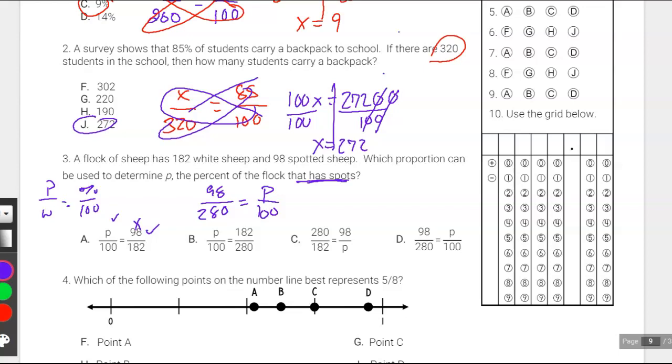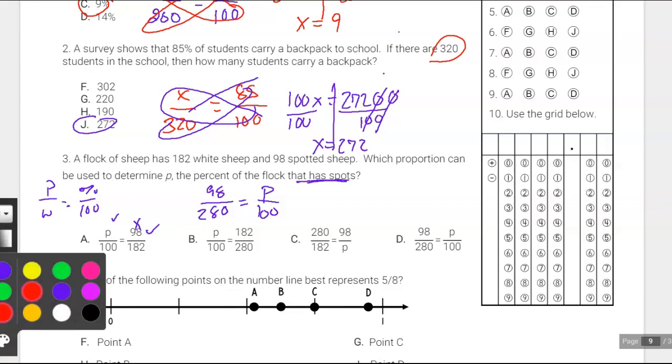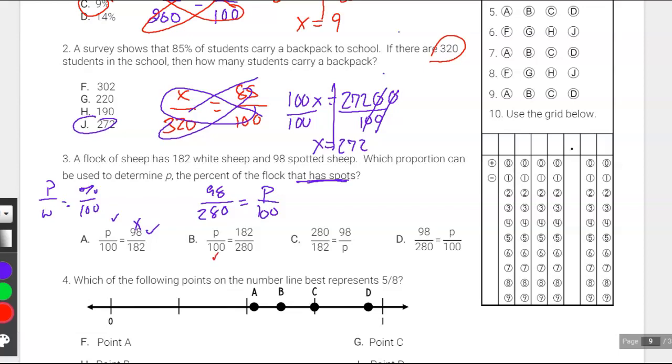A is not the answer. Percent and 100 lines up. 182, oh no, that's not it, because we don't have 182, we have 98. So 280 to 182, that's not what mine looks like.